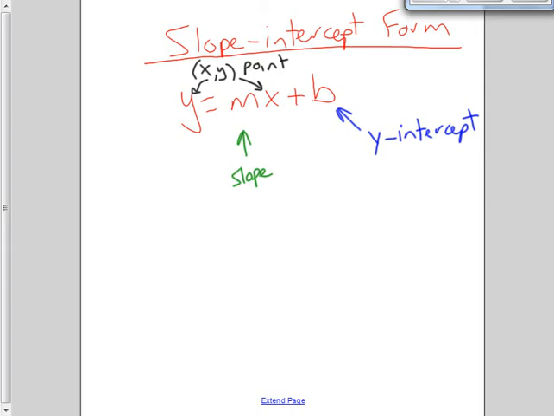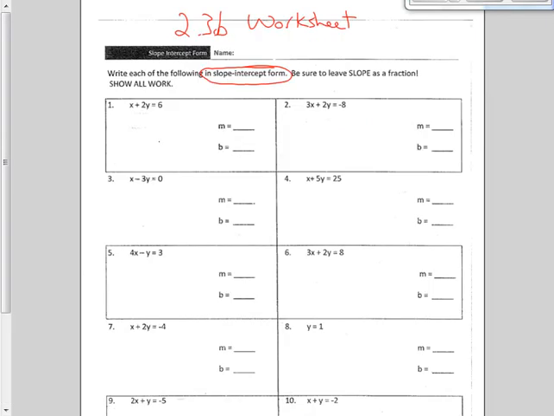And we'll do a lot of graphing with that too, and develop that concept as well. Right now we're looking at the vocabulary part of this. The slope is the m, the number in front of the x, and the y-intercept is the number at the end. That's called the constant.